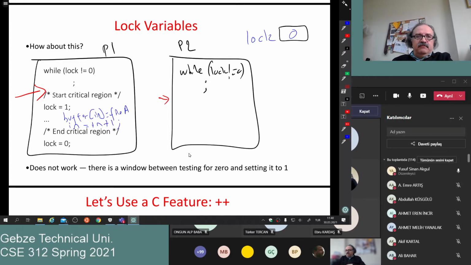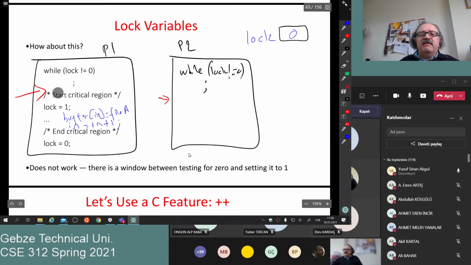Somebody can enter after the while loop, but before the lock is set. Yeah, at this position, if there is an interrupt, after I make sure that lock is 0, I entered the critical region. Just before I executed this instruction here, assigning a 1 to lock, an interrupt might happen.